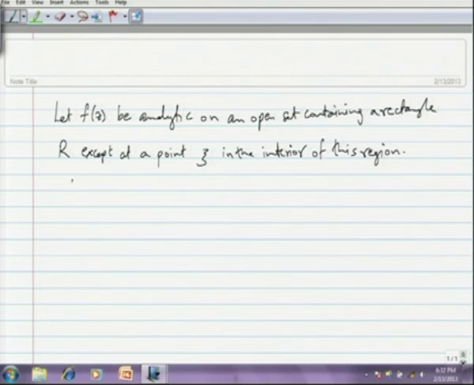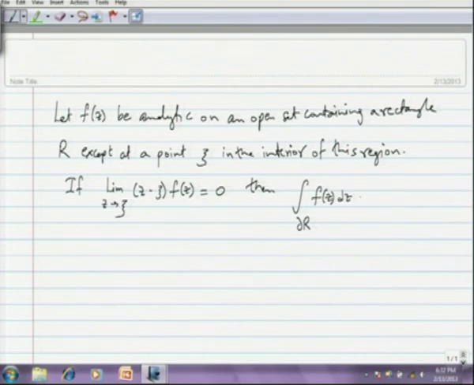Okay. So, if the limit as z goes to this special point zeta of z minus zeta times f of z is equal to 0, then the integration on the boundary of this rectangular region R of f of z dz is still going to be 0. Okay. So, this is the modified Cauchy's theorem.